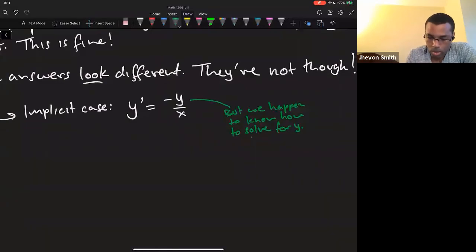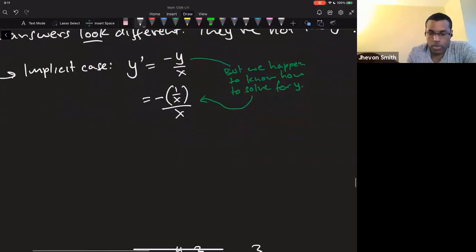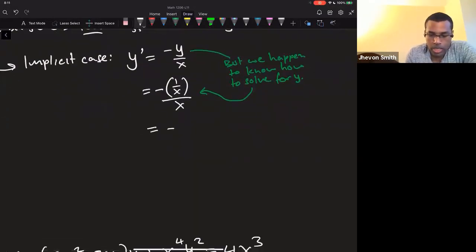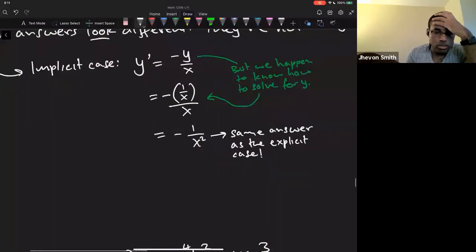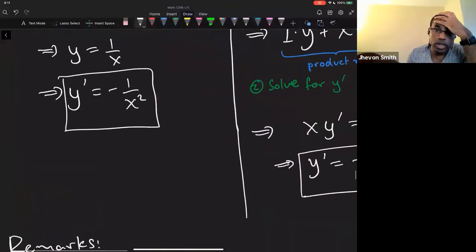And so I'm going to plug that in. We know in this case that our y is actually 1 over x. You could just divide both sides by x. And so this is actually minus 1 over x squared. Keep, change, flip, right? Which is the same answer as the explicit case, right? That's what we got up here, minus 1 over x squared.